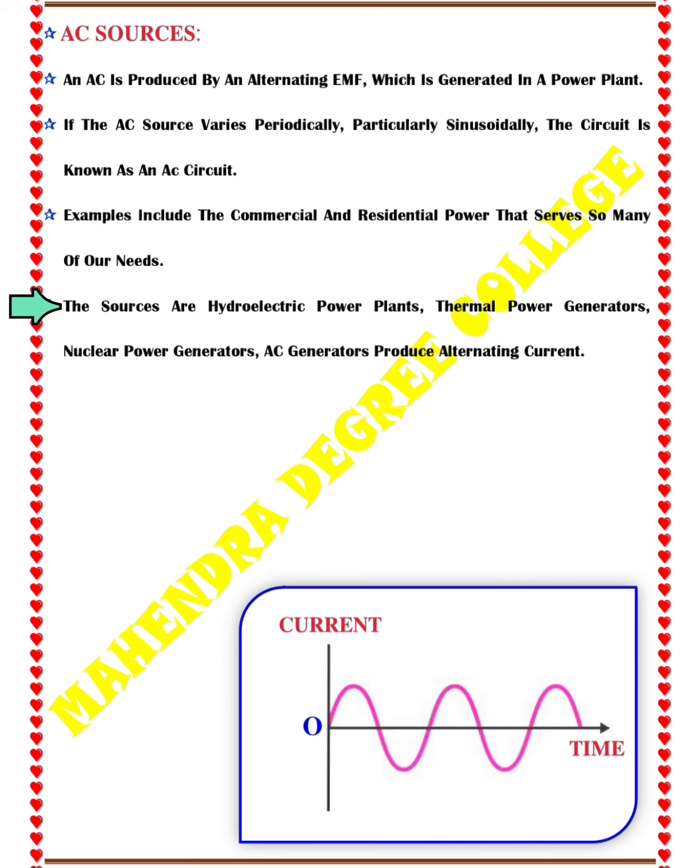It lists the main sources of energy that generate AC power, and explains that these sources use alternating current generators to produce AC electricity.